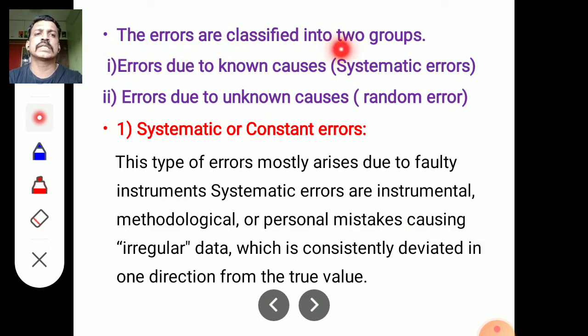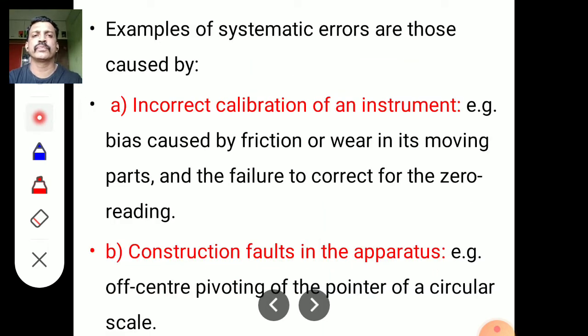The errors are classified into two groups: error due to known causes, that is systematic errors, and error due to unknown causes, that is random errors. Systematic or constant errors mostly arise due to a faulty instrument. Systematic errors are instrumental, methodological, or personal mistakes causing irregular data, which is consistently deviated in one direction from the true value.